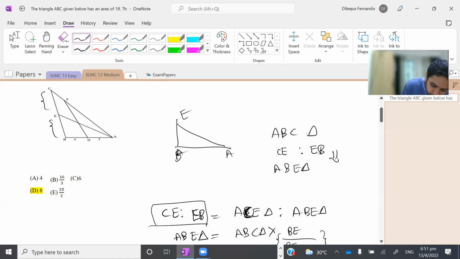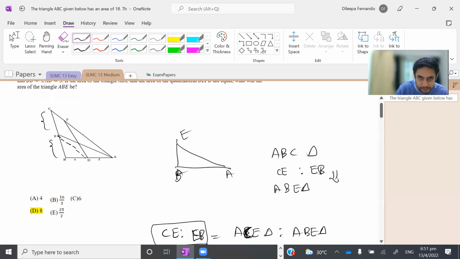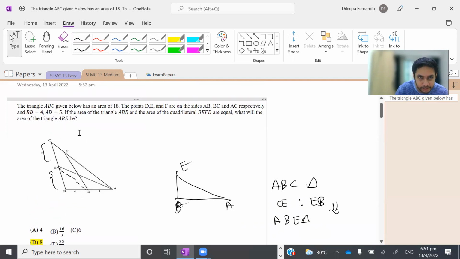So let's do this construction, and we are yet to use the information given. So what is the information? The quadrilateral BEFD and ABE areas are equal. So we can see there's a common area.